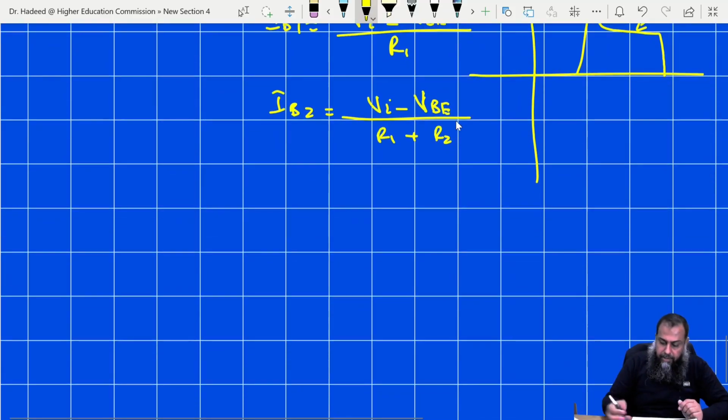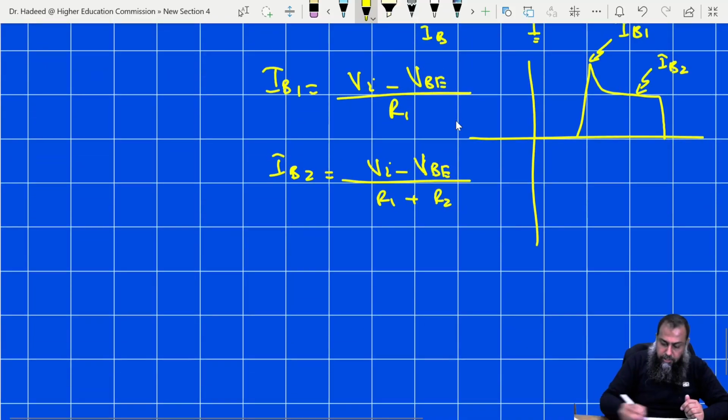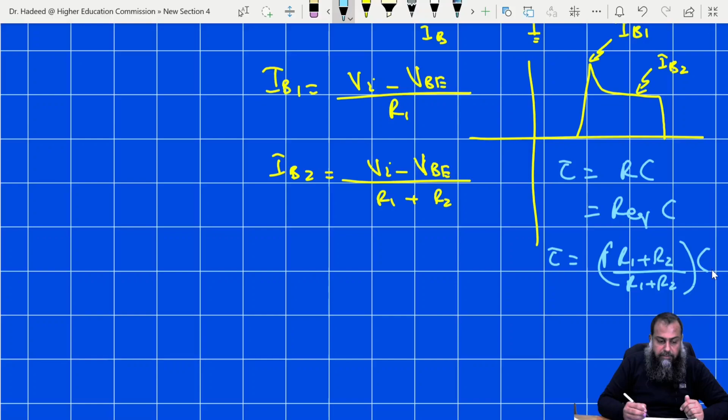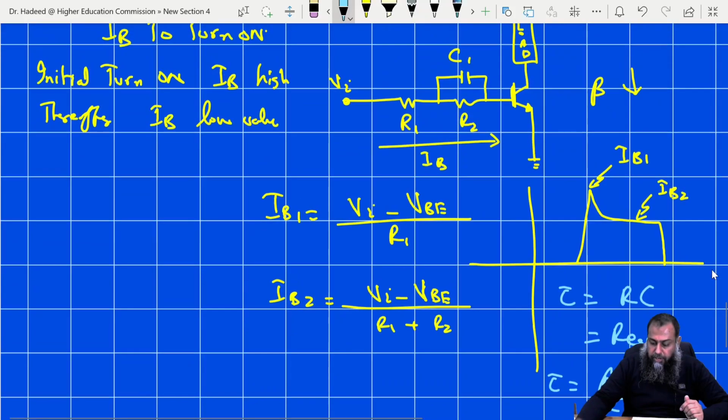And for that, the time constant tau is equal to RC. Here we have two resistances, so that becomes equal to R equivalent times C, and therefore tau is equal to, the R equivalent being the parallel resistance, R1 times R2 divided by R1 plus R2, times the value of C. So we need to make sure that the system comes into a steady state value before we move on to this IB2.